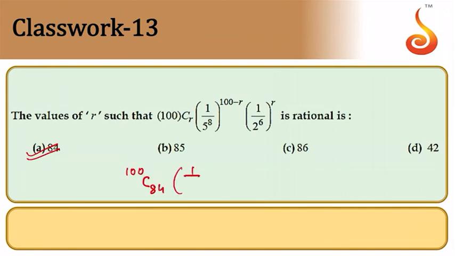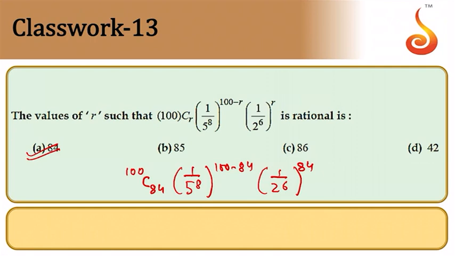Example 13. The value of r such that 100Cr times 1 by 10 minus r 20 is a rational number. So you can use direct verification. 84 will satisfy. So it is a direct verification problem: 100C84. You can take 1 by 5 to the power 8, and 100 minus 84 will give you 16, so this is 1 by 2 to the power 6 to the power 84.